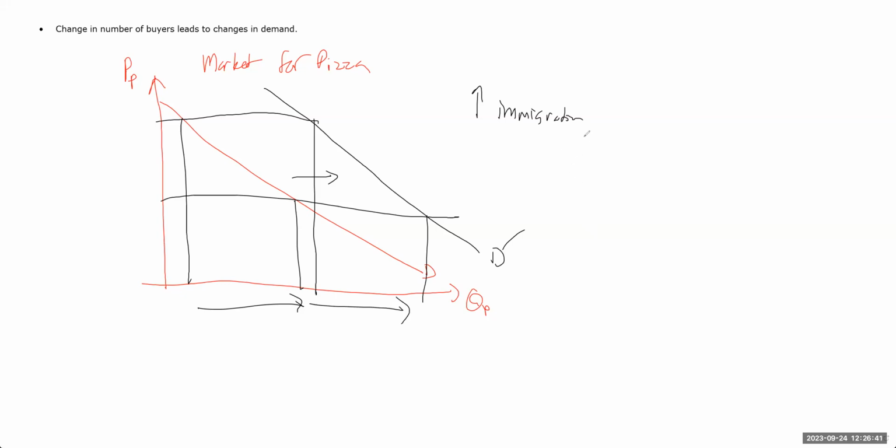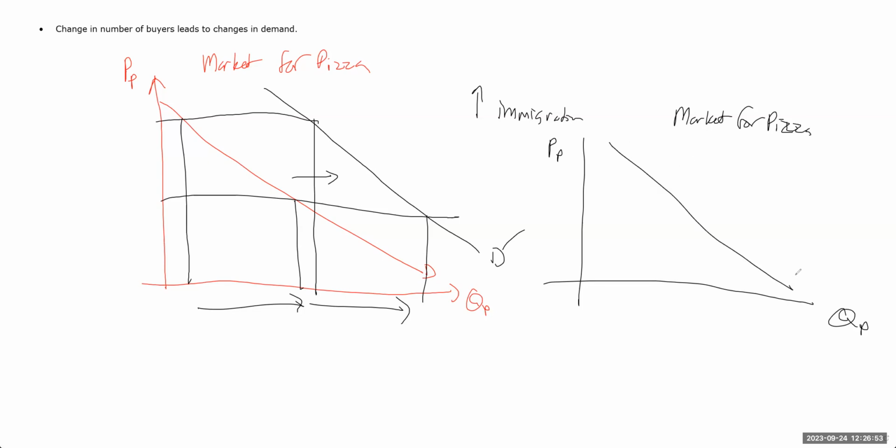Well, the opposite is true. Okay. It's price of pizza, quantity of pizza, market for pizza, this is the demand. Okay. Ebola hits. So we have a decrease in people, right? Everybody becomes zombies, whatever.